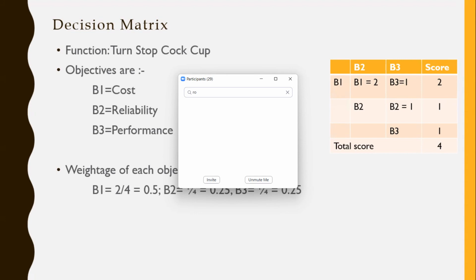And the performance, its score is 1. So the total score is 4, right? The weightage of each objective: B1 is 2 out of 4, B2 is 1/4, B3 is 1/4. So cost is the most concerned criteria, right?